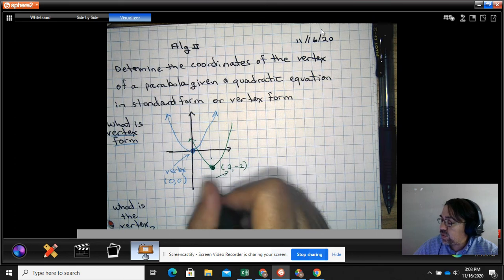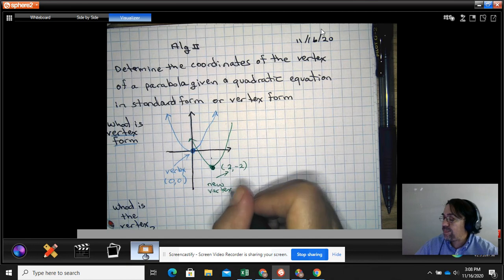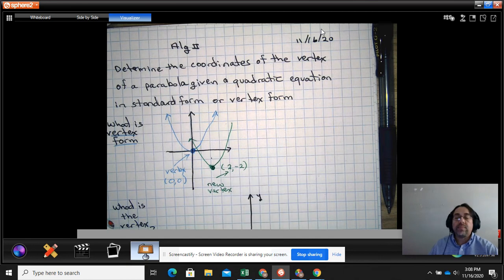That's the new vertex. So last 6 weeks, as we were transforming the parabola, we were taking that vertex and transforming it.